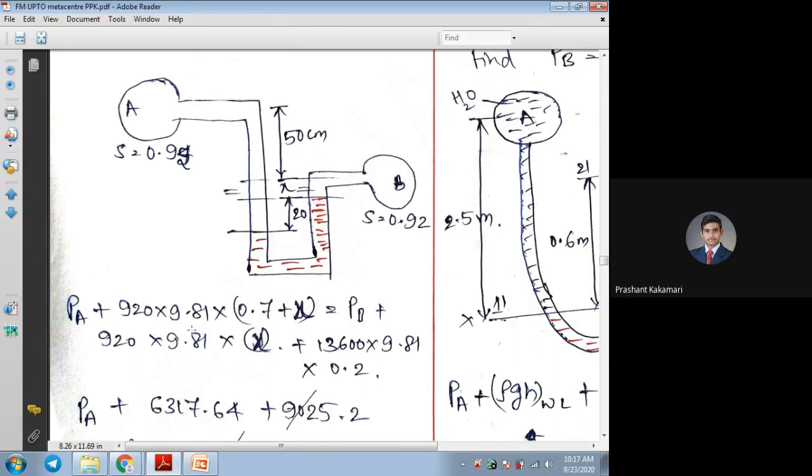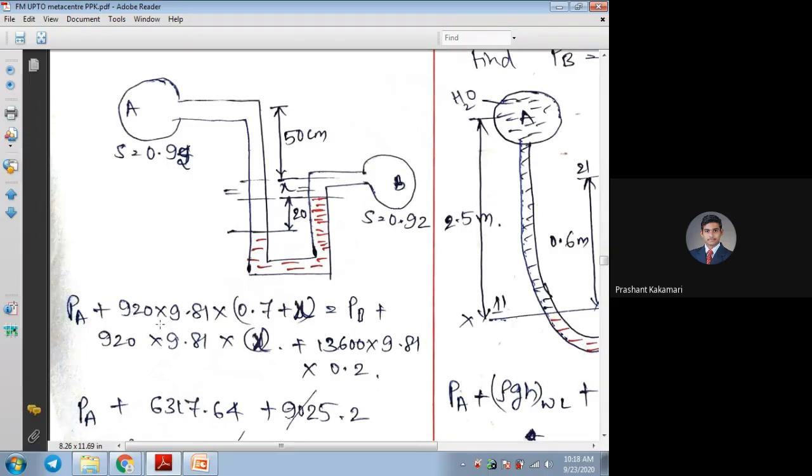So what I'll write now: PA plus, see here, PA plus downward acting pressure. In the earlier case, we took upward acting, like an inverted manometer, but here it is downside. Downside pressure means the fluid is pressurizing the mercury level to move up on the other side, so the liquid head on the left side and pressure on the left side, we take as positive.